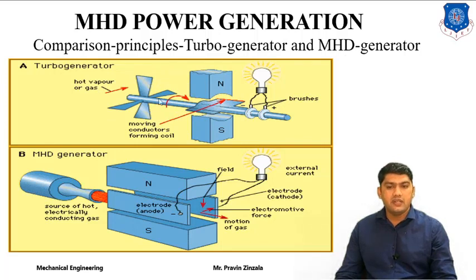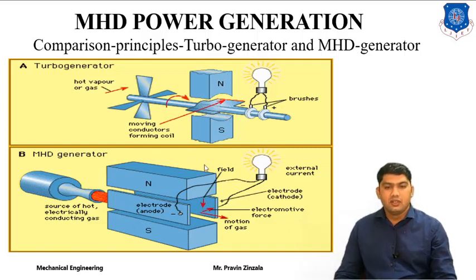Conventionally, we rotate the shaft by utilizing pressurized steam or water or any kinetic energy. So we supply energy to move conductors in a magnetic field, and we get electricity.